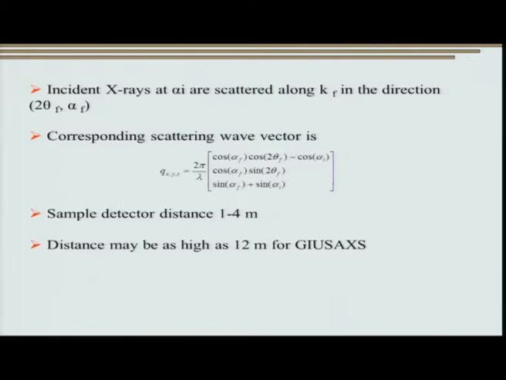Now, if you remember, in small angle X-ray scattering we also had a term q, which was 4 pi by lambda, and there was a sin theta term, if I remember correctly. I hope you appreciate that the angles we are talking about are going to be very small, and in order to detect these very small angles, the sample to detector distance has to be very large.